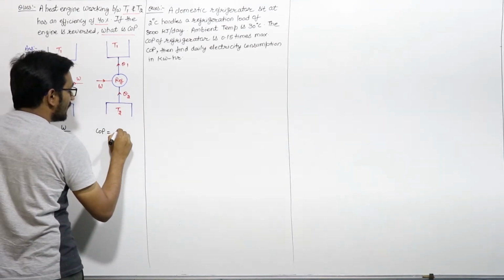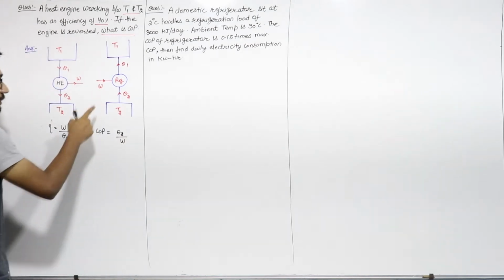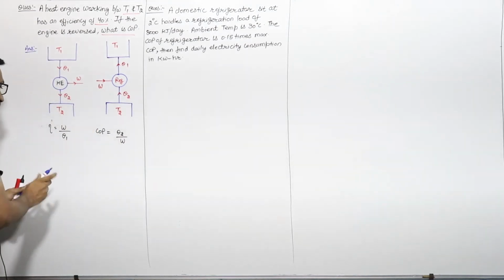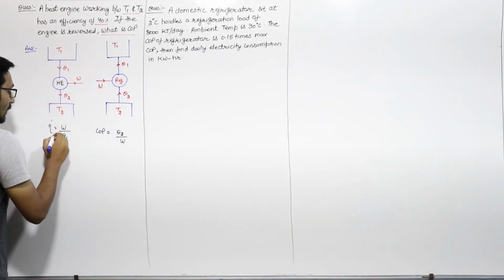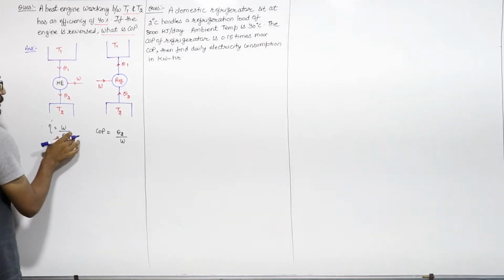So the COP will be equal to Q2 divided by work input, that is W. This is the COP of this refrigerator. Efficiency will be equal to W upon, what is Q1?